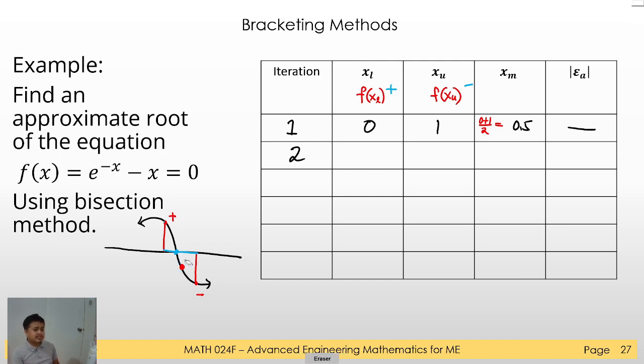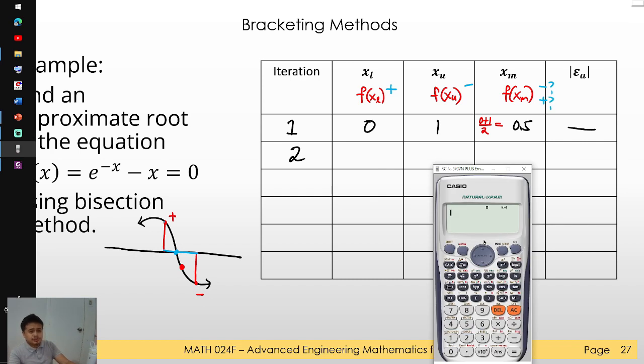If our f of x here is negative, then we have to change this x here. So basically, we also have to find the sign of this f of xm. So what is the sign of f of xm? Negative or positive? So is it negative? Is it positive?